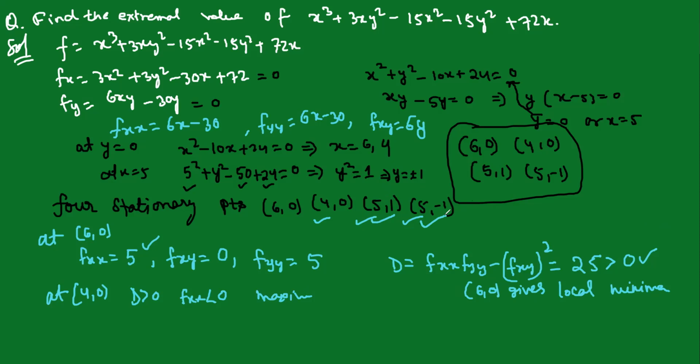Tell me at (5, 1) what you are getting. D is negative means the test fails, no, sorry, saddle point. Saddle point means this point will not give a minimum or maximum. And check for (5, minus 1).